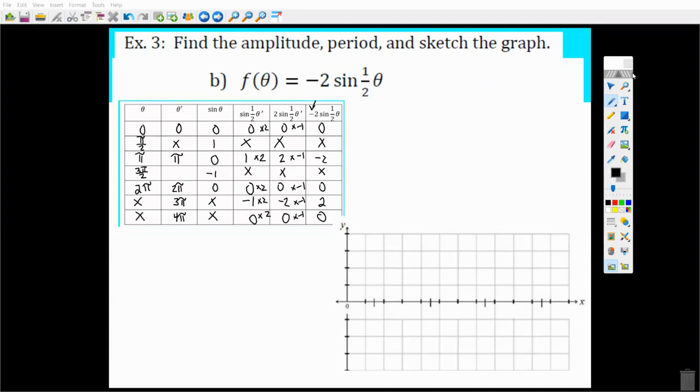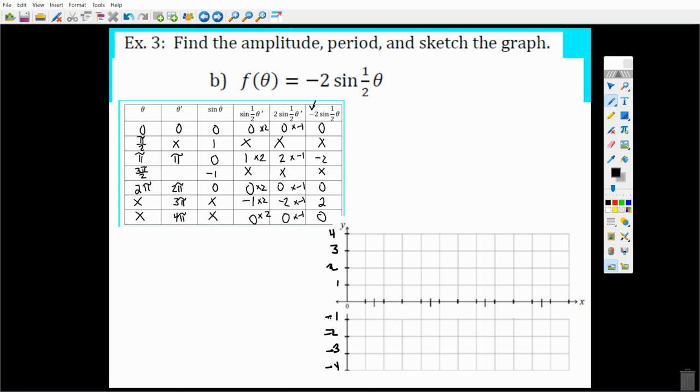All right, so let's take a look then at the graph. So this is going to be 1, 2, 3, and 4. This is -1, oops, -2, -3, -4. All right, and then again, we go from 0 to 4 pi. So we got 0 here.